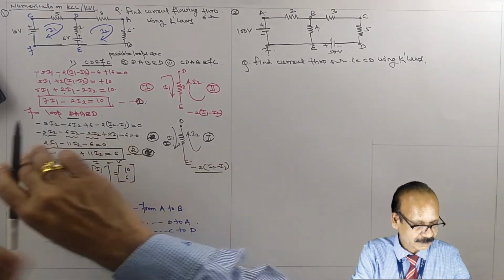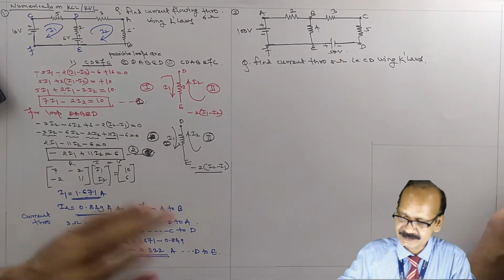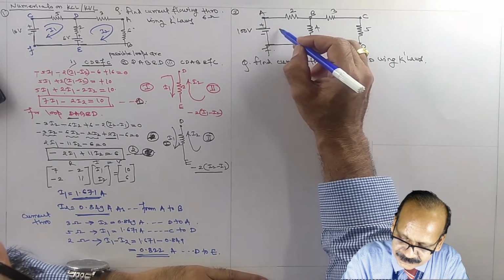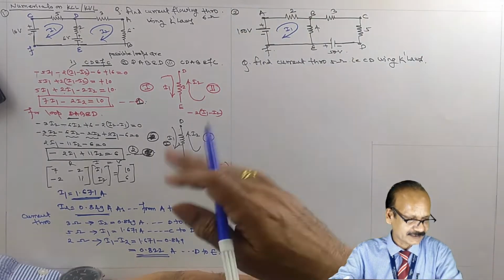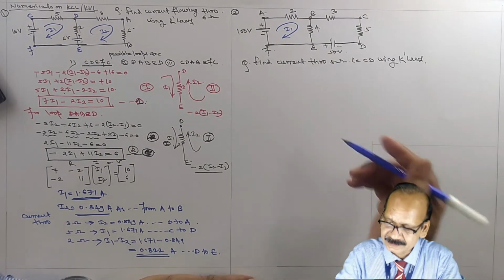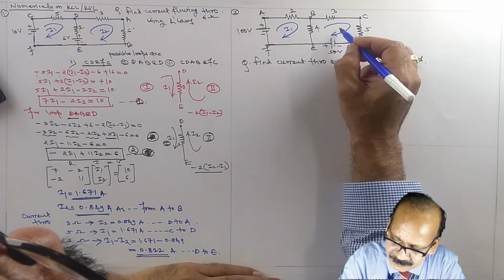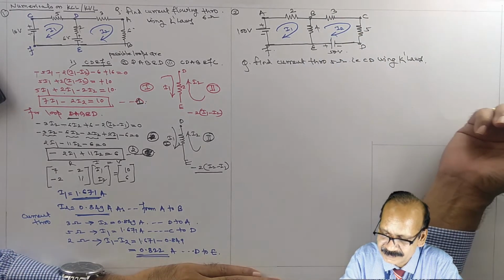Now, of course, we can find out the current flowing through all resistances. Assume the direction of current, say this is I1, the clockwise direction, and here also clockwise direction, I2. We can assume in other way also, no doubt.